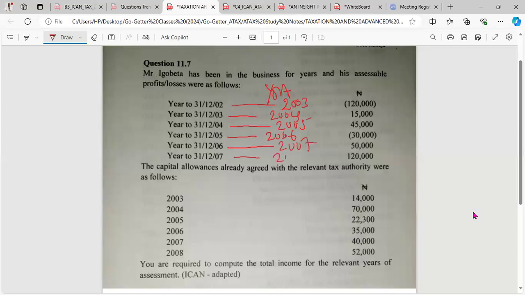And this should be 2008. So this is also years of assessment too. So I will draw the line straight to it for visibility.